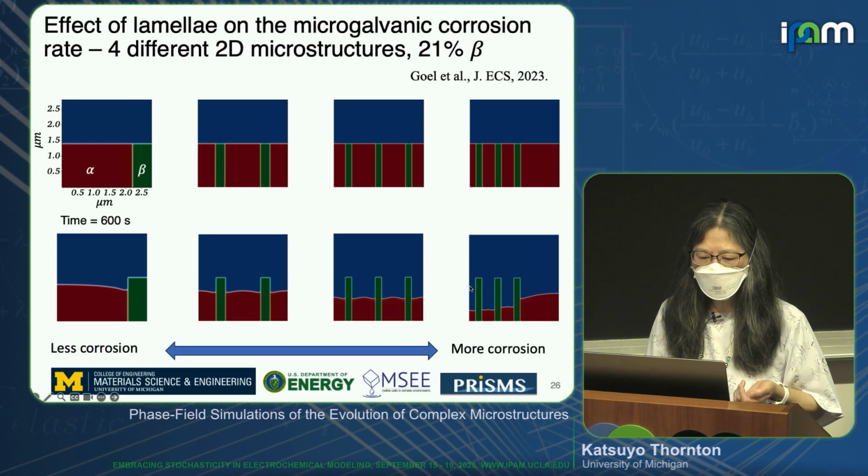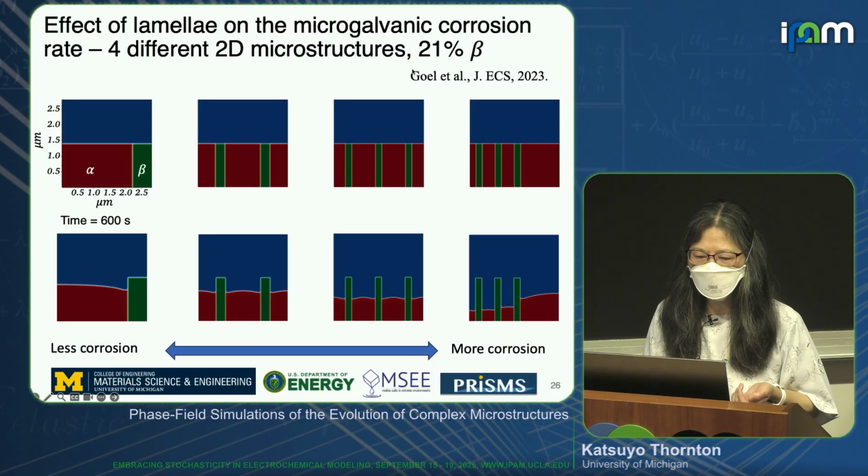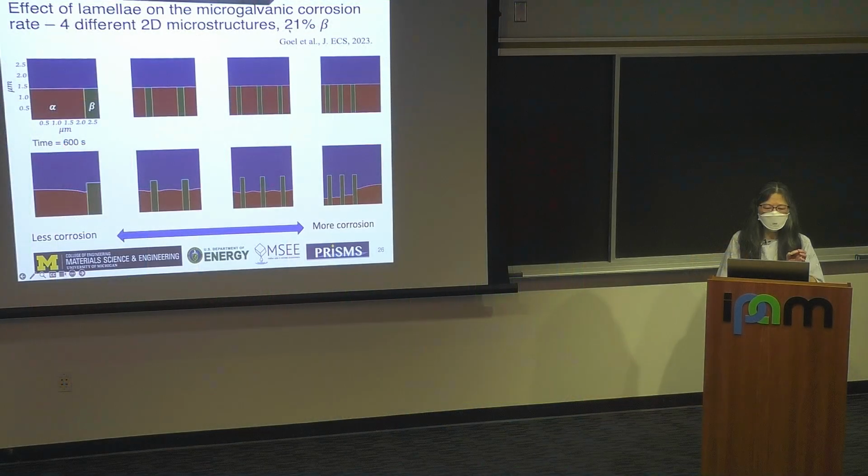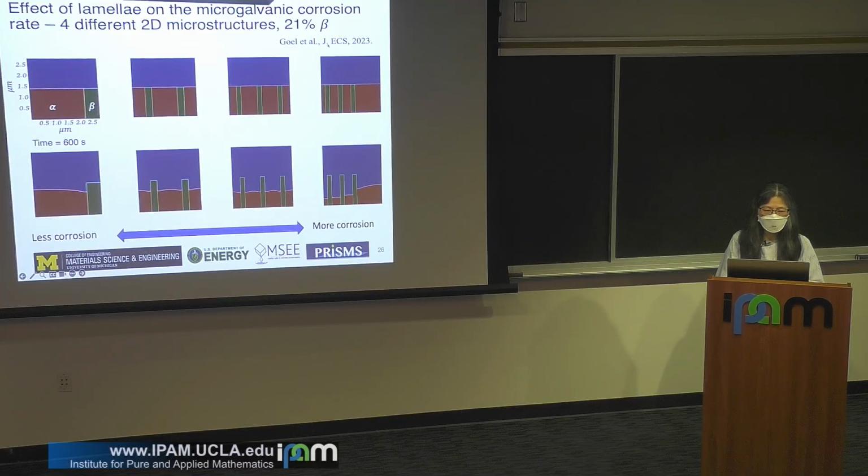And you can actually easily see that the corrosion rate increases with narrower distribution. By the way, I forgot to mention, the volume fraction here is the same for all of them. So it's 21% beta phase.